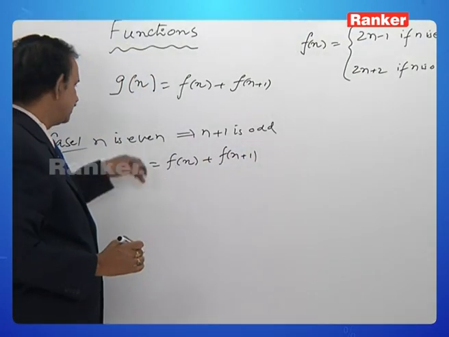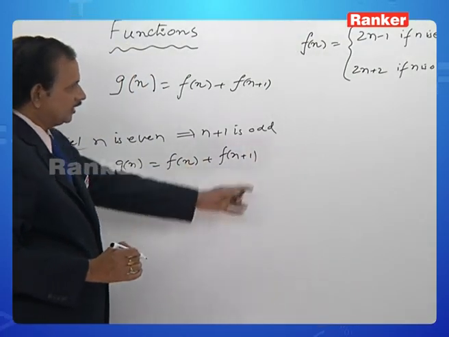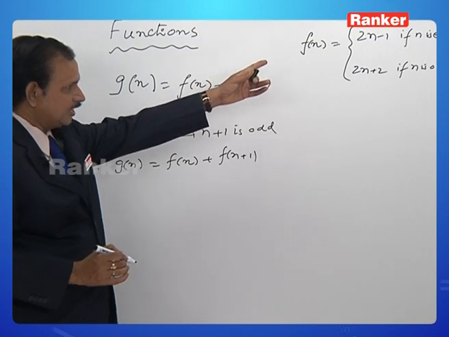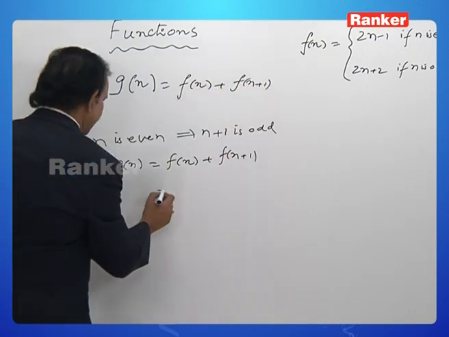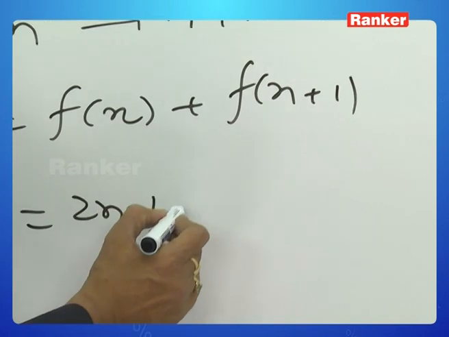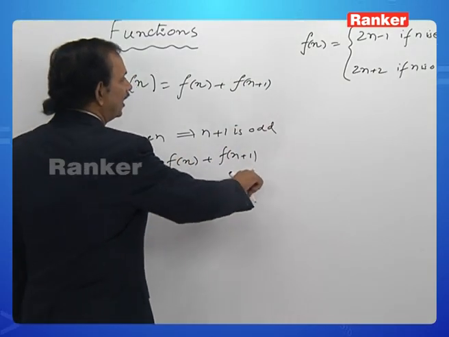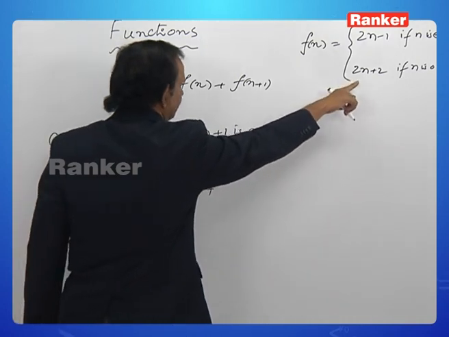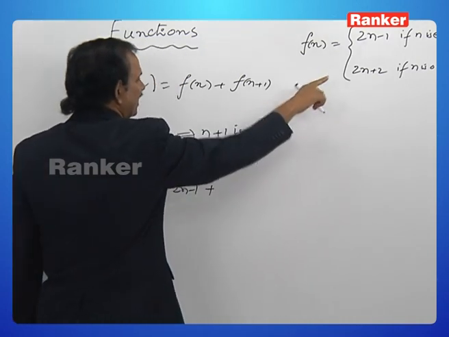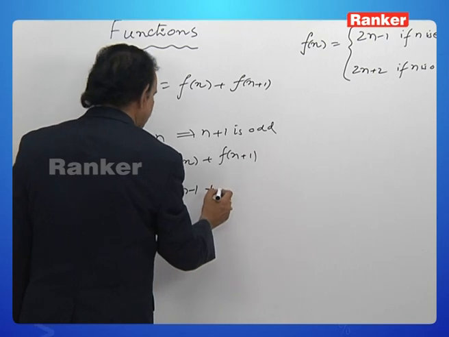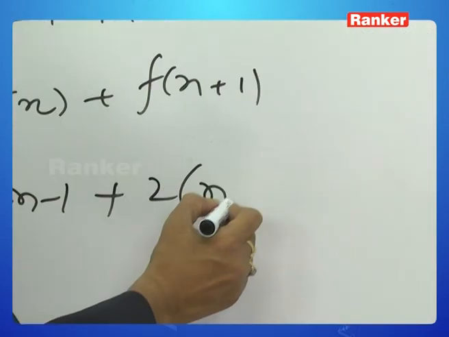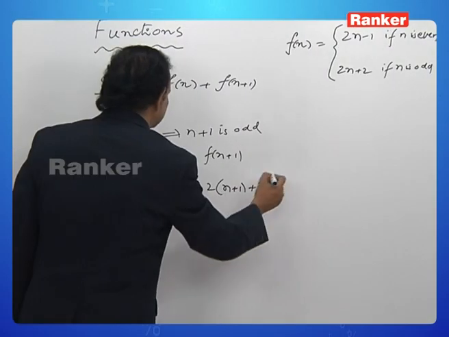Observe here. In this case, what is n? Even. In the case of even numbers, f of n becomes 2n minus 1. That is 2n minus 1 plus n plus 1 is odd. As this is odd, we are supposed to use this definition. So, 2n plus 2. Hence, f of n plus 1 is 2 into n plus 1 plus 2.